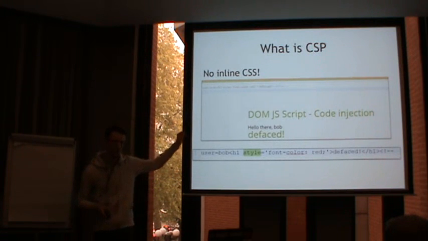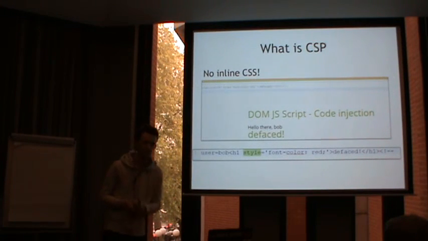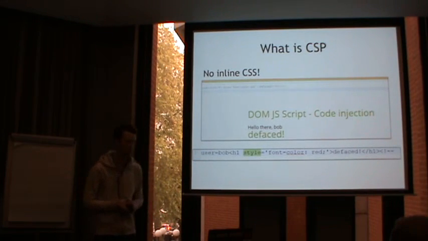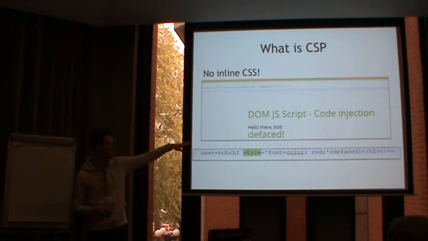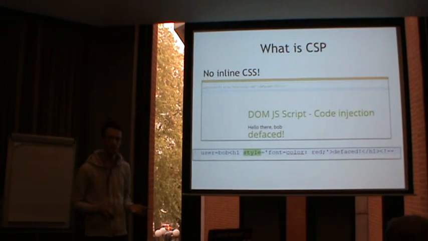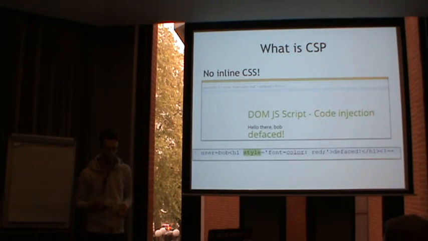We have an unsanitized user variable and we can just add anything after Bob. What I did here is I added the h1 line with a style of font color equals red, and as you can see, the header defaced is added, but it's still green because by the CSP, of course, HTML is not blocked. That would be disastrous, but CSS is blocked.